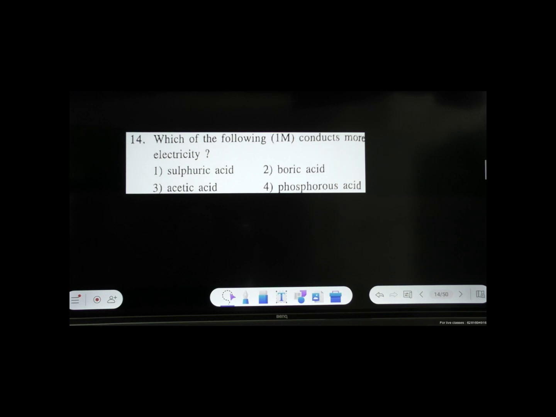Now, which of the following with 1 molar concentration conducts more electricity? The quantity of electricity conducted by a conductor depends upon the number of available ions. If more ions are available, it can conduct more electricity.